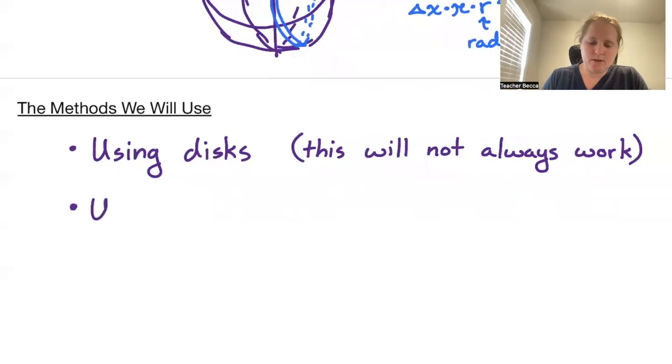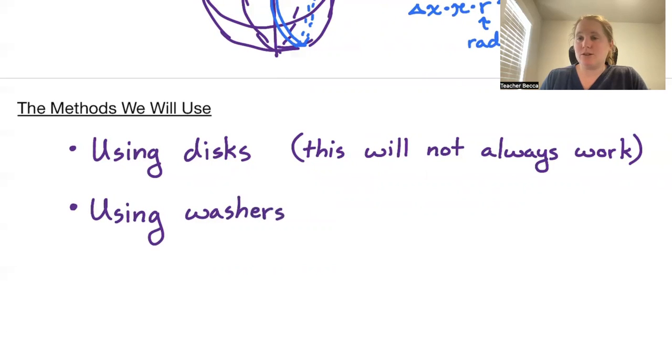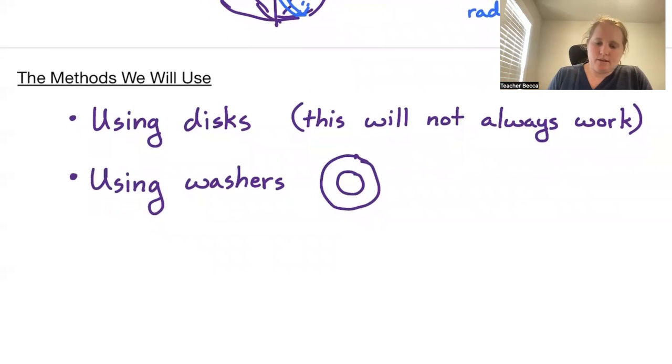So next up, we'll be using what are called washers. These are essentially named after the washers you use with a screw or with a bolt. So our cross sections, instead of looking like discs, will be a disc with a hole in the middle. And then the other one we will use is we will be using shells.